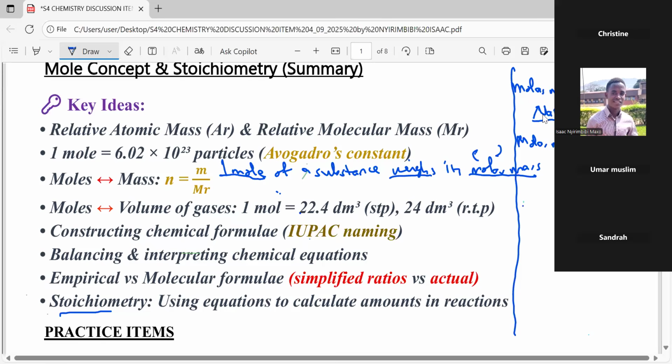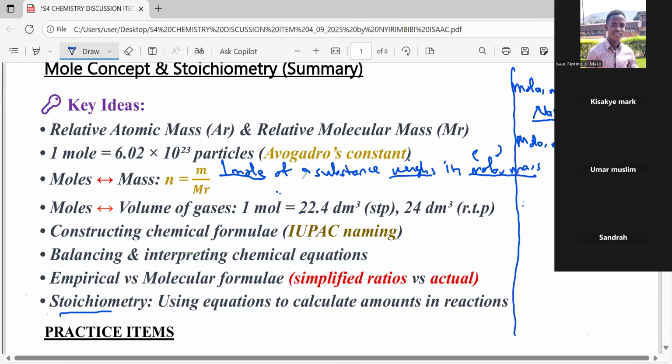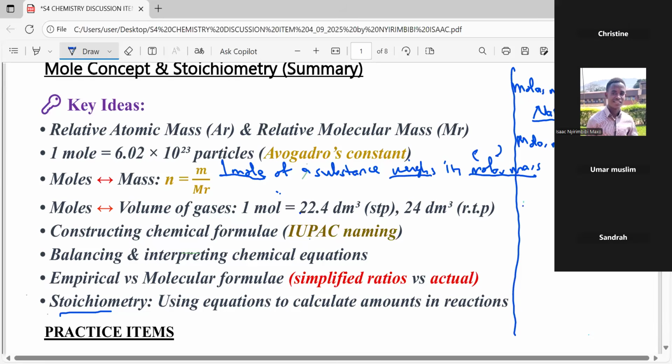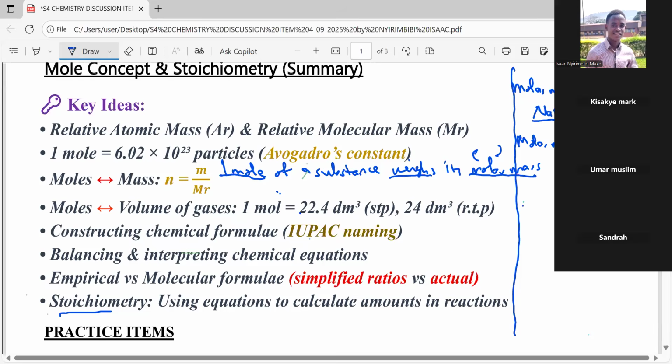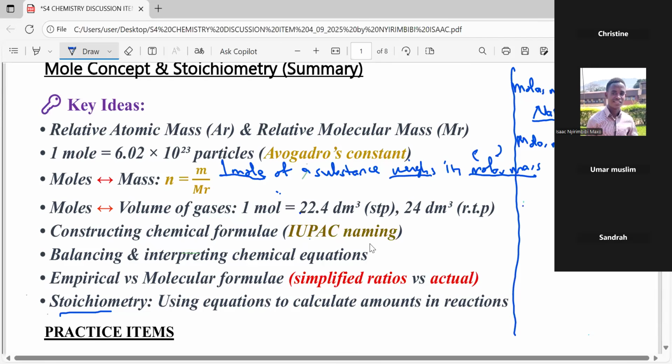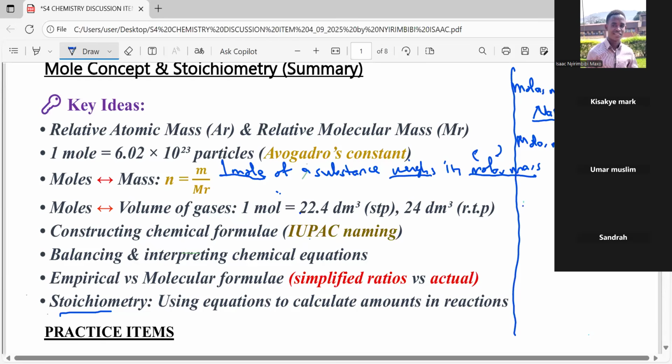We get the number of atoms in the compound: 1 sodium atom times its molar mass, 23, plus 1 oxygen times 16, plus 1 hydrogen times 1. So we have 23 plus 16 plus 1. What do we get there? 40.